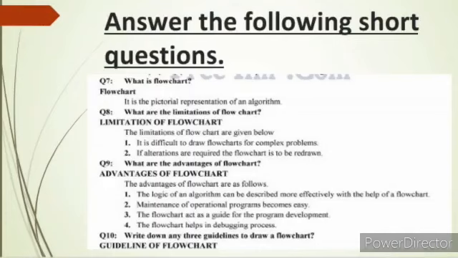Here are some short questions for you students, and question number 7 is what is flowchart? Question number 8 is what are the limitations of flowchart? Question number 9 is what are the advantages of flowchart?